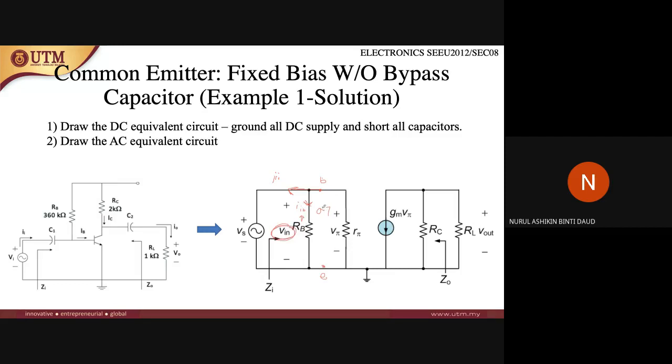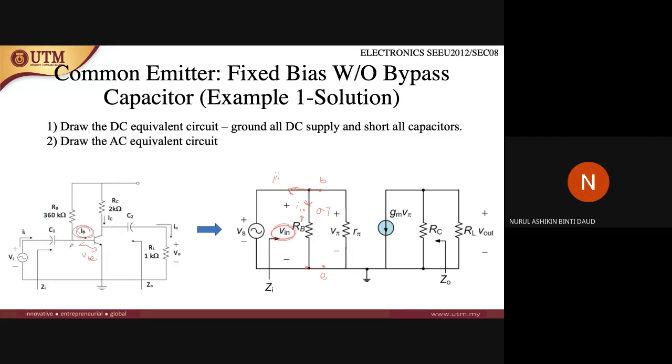This is VBE, right? VBE is here, 0.7. So we know that this is 0.7. This happened actually here. VBE is 0.7, and we can find the value of IB here.